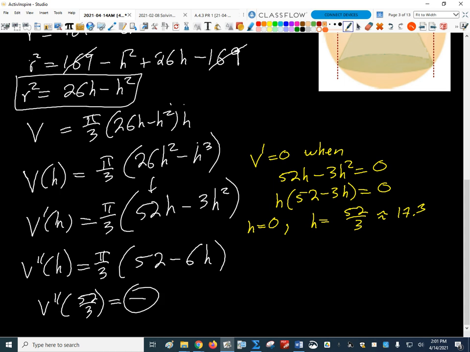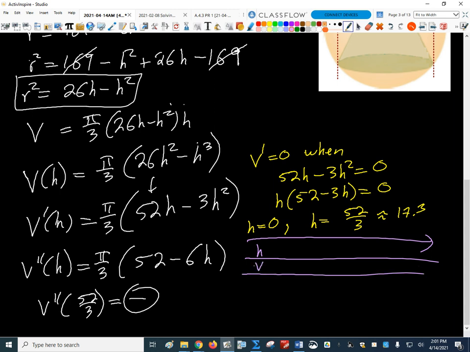So it's negative. And then our table, can I squeeze the table in down here? Maybe I can. I'll try. Our domain, we said, wasn't it 13 to 26?